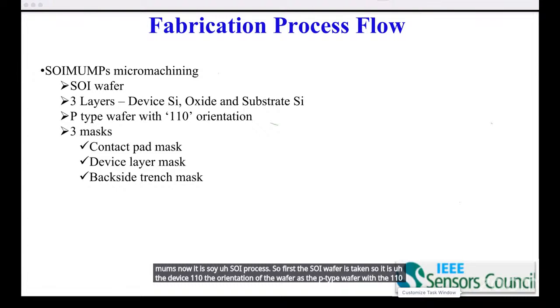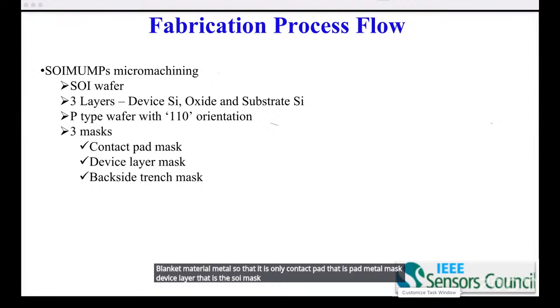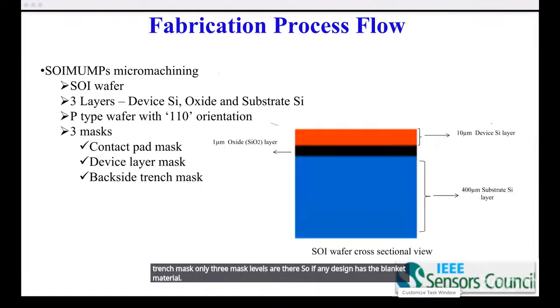And this particular device has no shallow mask, blanket metal, so it is only the contact pad, that is the pad metal mask, the device layer, that is the SOI mask, and the shallow mask, that is the backside trench mask. Only 3 mask levels are there. If any design has the blanket material, we will go for that also.